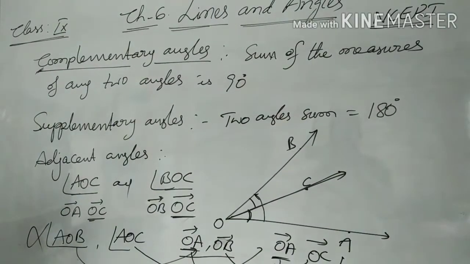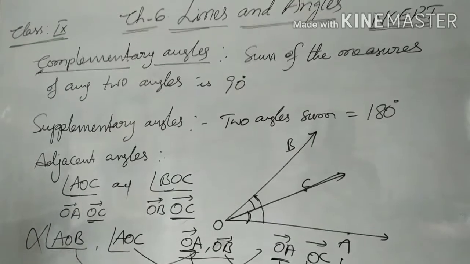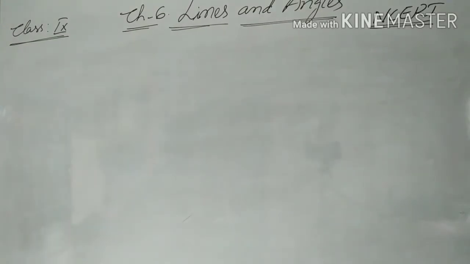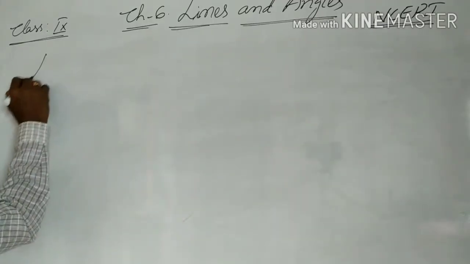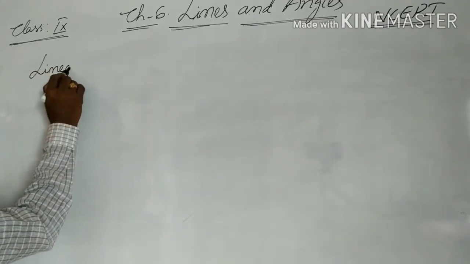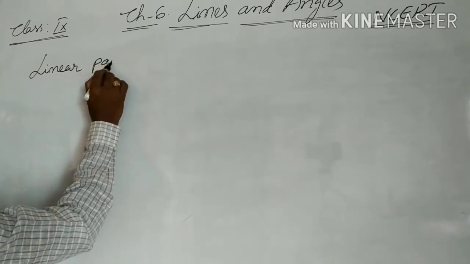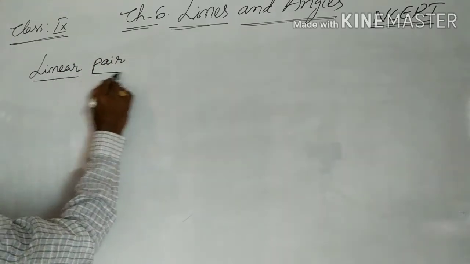These are the types of angles and the remaining. Now see, what is a linear pair? Linear pair, this is the most important. What is the meaning of a linear pair?